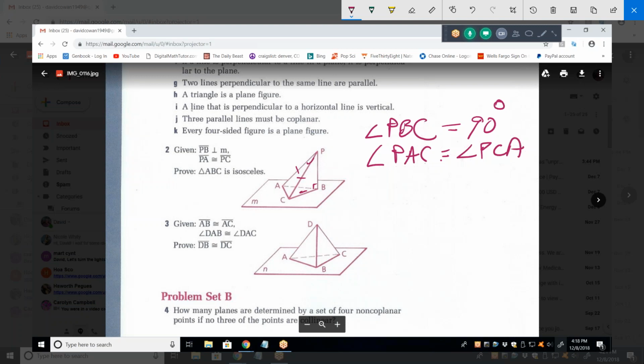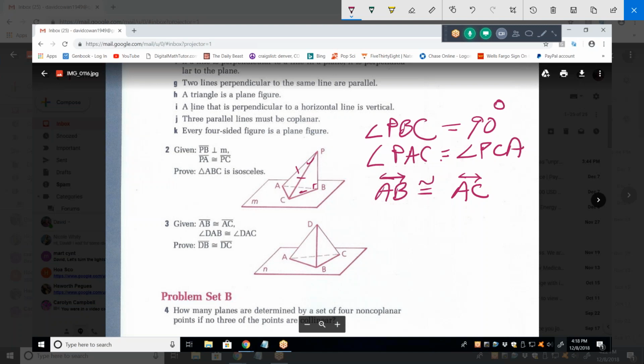So it would seem to me that we want to prove that AB is congruent to probably AC, right? Certainly from the picture, I would say that's what we're going to prove. If I can prove that AB is congruent to BC, then that makes that bottom triangle isosceles.